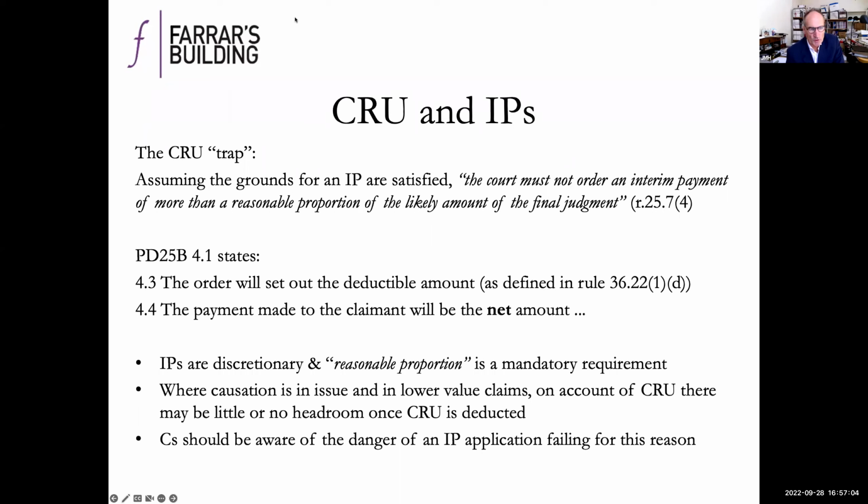It says the order will set out the deductible amount as defined by Rule 36.221D, and the payment made to the claimant will be the net amount. So importantly, and particularly in cases now where there may be a big issue in relation to causation, and where it may not be a particularly high value claim, you may find that in actual fact there is very little headroom for an interim payment to be made at all.